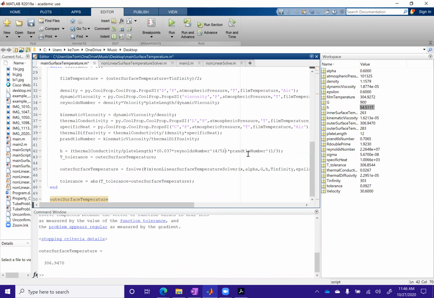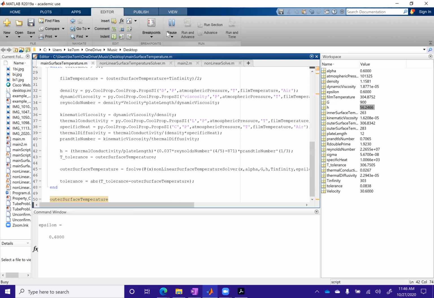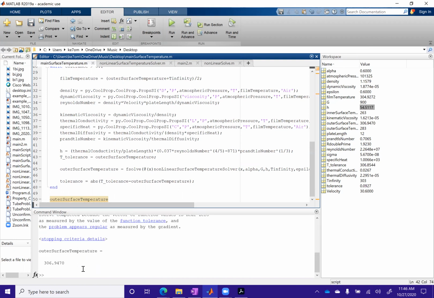So what I wanted to show you is, say you didn't know that you could set the 871 to 0 for fully turbulent. I guess the question is, how much of a difference does it make? So setting it equal to 0, you get 306.83. And then if you add it, 306.94, right?